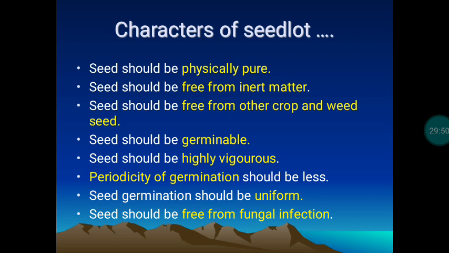There will be heterogeneity with reference to soil fertility and irrigation water received by different crops at different levels. So some non-uniformity will be there at the field level, and this ultimately gets reflected in the resultant produce, that is, in your seeds.